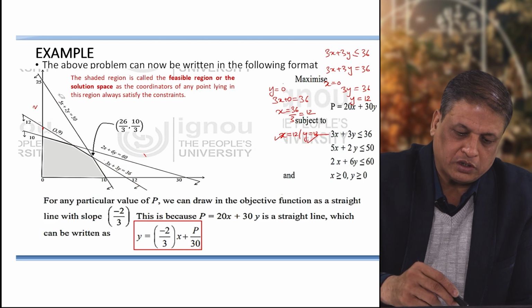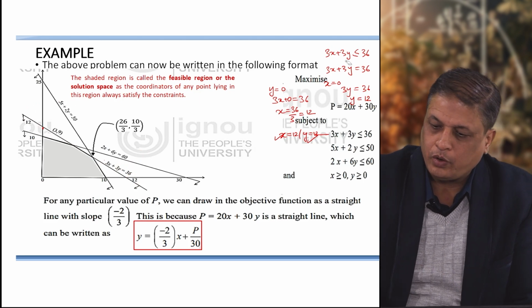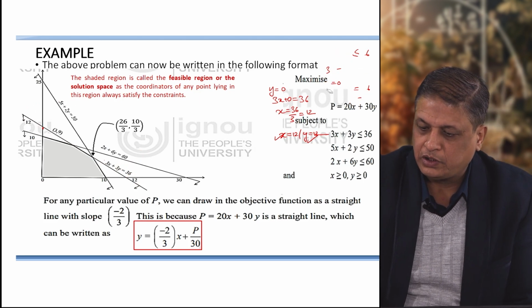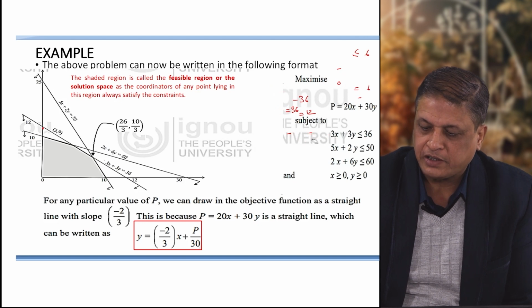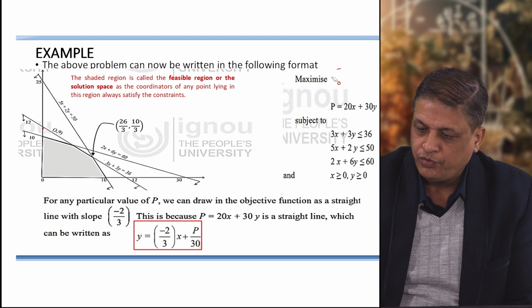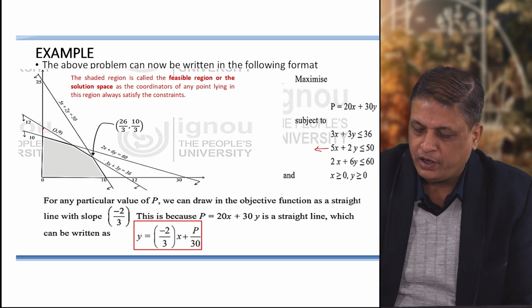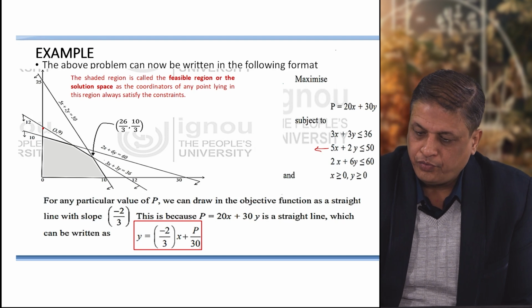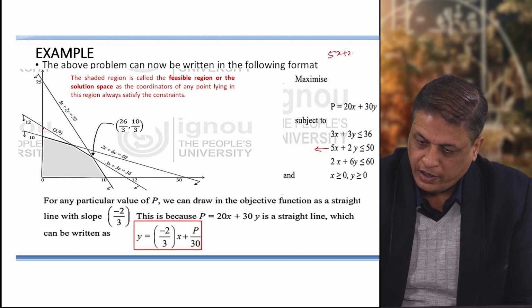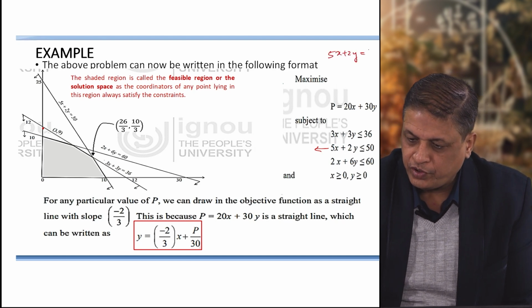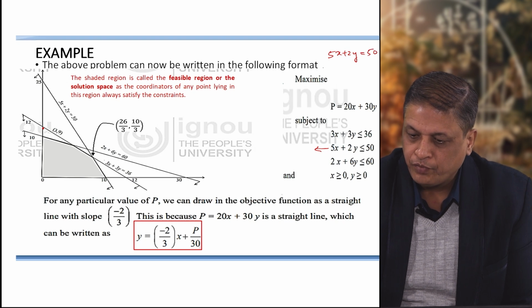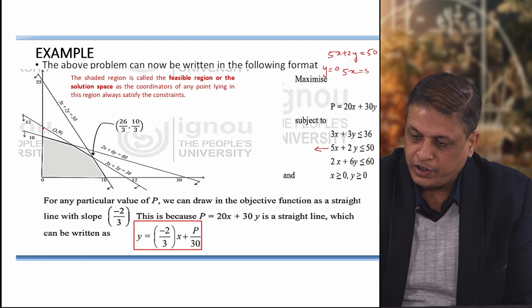Similarly, repeating the process for the second inequality, by substituting x is equal to 0 first or y is equal to 0 first, we can get the respective intercepts. Likewise, over here we have 5x plus 2y is equal to 50. Substituting y is equal to 0, you will get 5x is equal to 50, that means x is equal to 10.